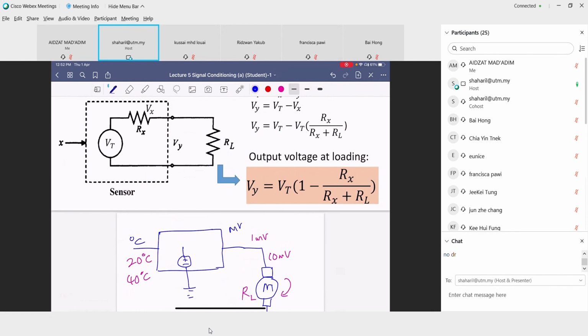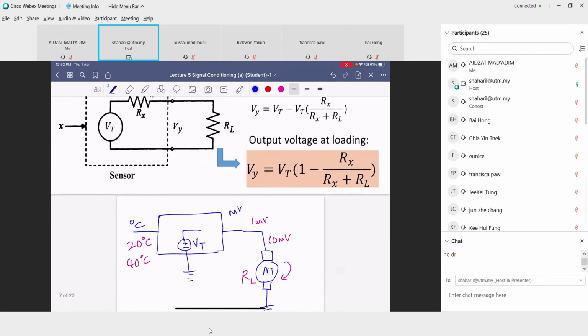For example, at 20 degrees, we convert using the transfer function and get VT, the voltage of the transducer, because it will produce some voltage here. Before that VT goes through to the load, it will have the internal resistance.